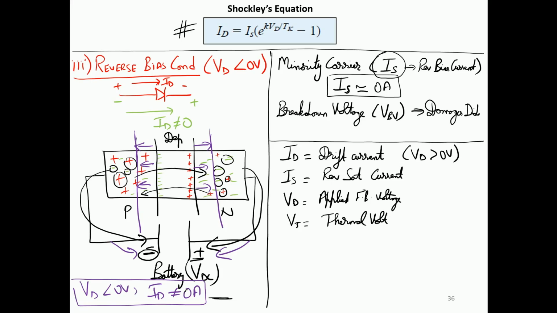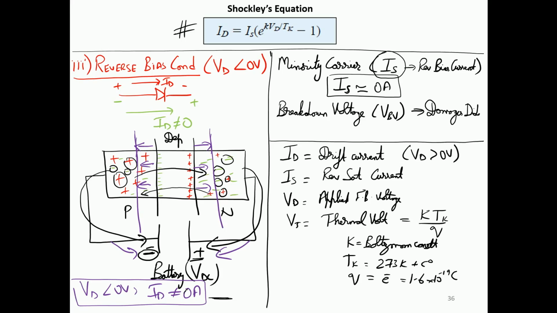and basically it depends upon the constant K Tk divided by Q, where K is the Boltzmann's constant, T of K is your room temperature 273 Kelvin, and Q is basically the charge of electron, which is 1.6 into 10 raised to power minus 19 coulomb.